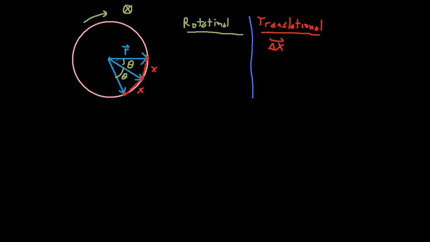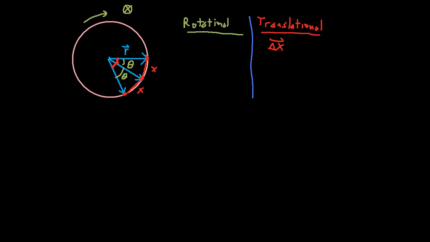And the whole problem with rotational motion is, if I choose a different r, maybe my r is much smaller, my x's are much different. My changes in position are much different.